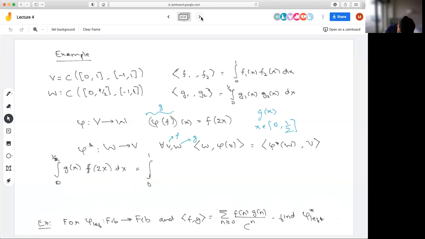Let's say this is some other function h, and we'll need to figure out what h is, is equal to the inner product in the space V of h of x, or maybe let me just use a different variable here to clarify, times f of y.